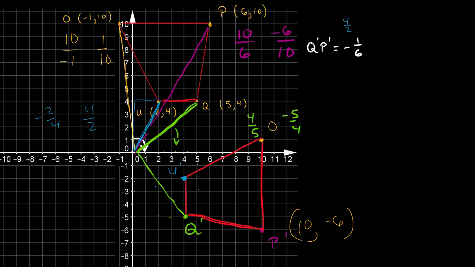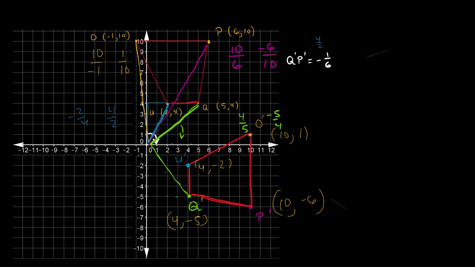Let's look at this other point here, O. O prime is over 10 and then up 1, and I compare that with the original O, which was at -1, 10. And Q is at 5, 4, and Q prime is at 4, -5. And the last example we have there is U. U was at 2, 4, and it went to 4, -2.